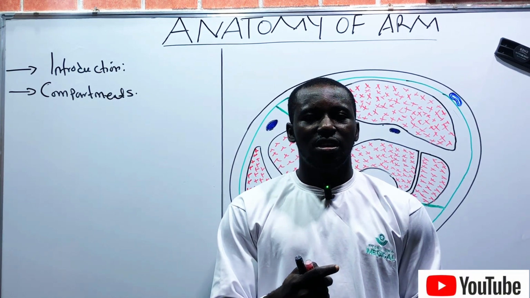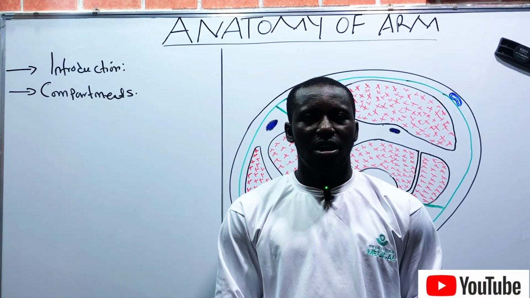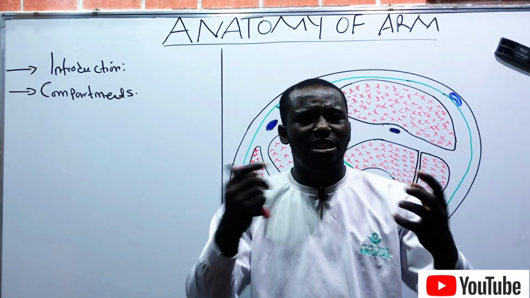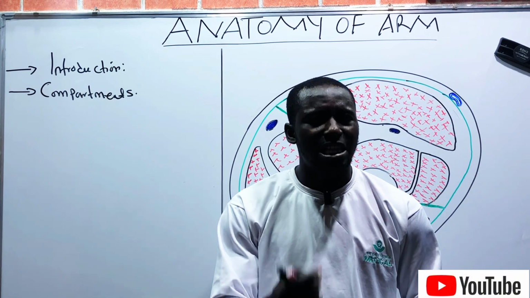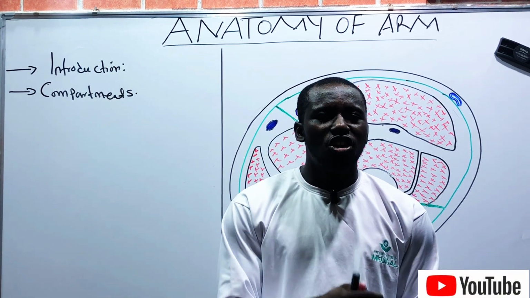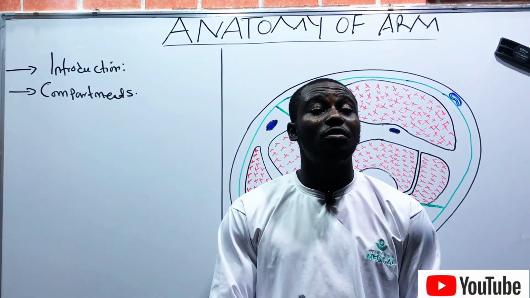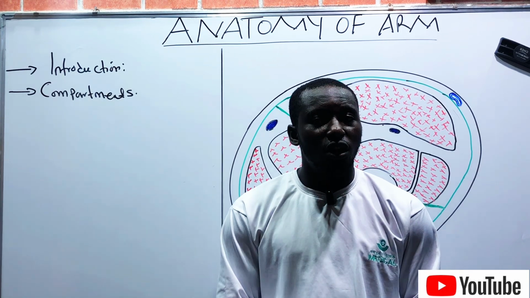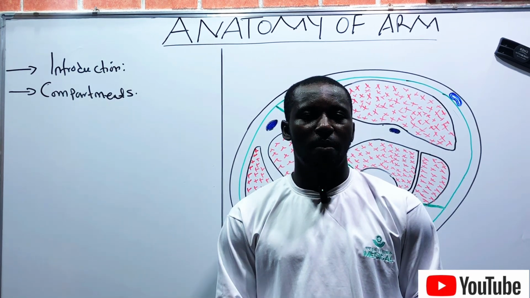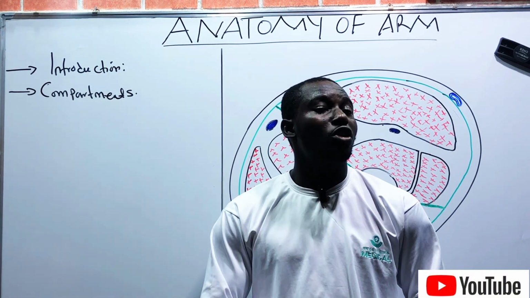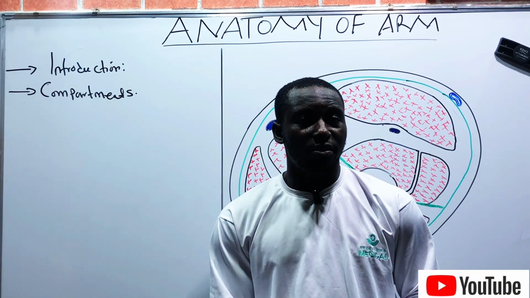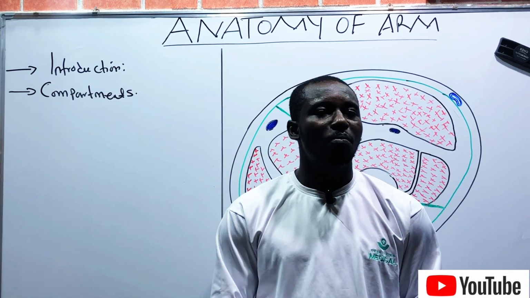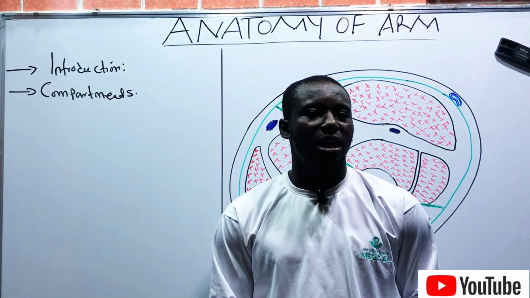The deep fascia sleeve and the septa help to partition the arm into two compartments. We have the anterior and posterior compartment of the arm.